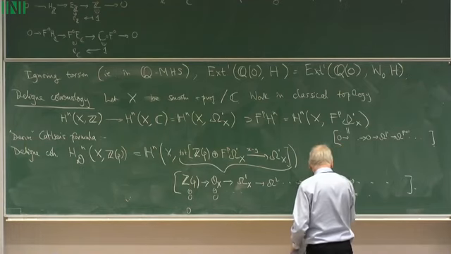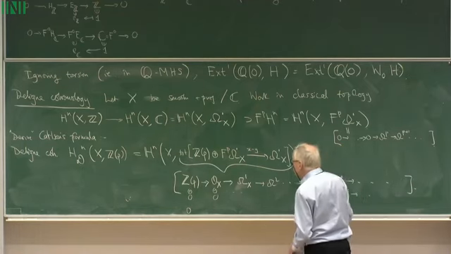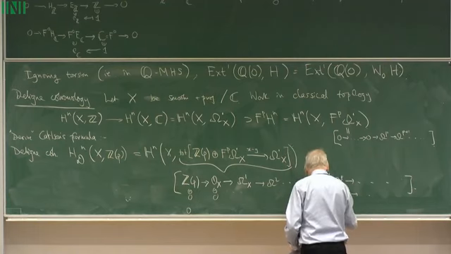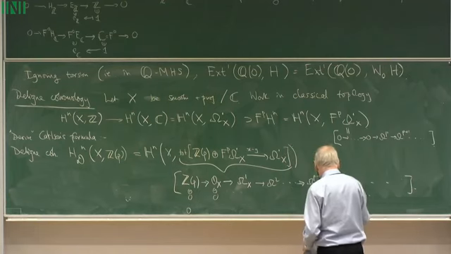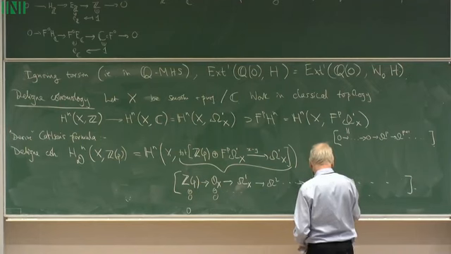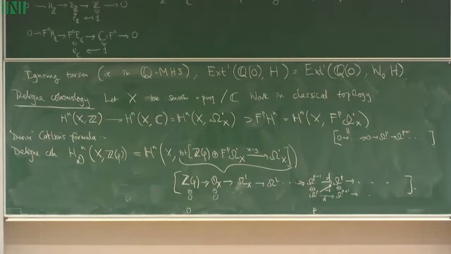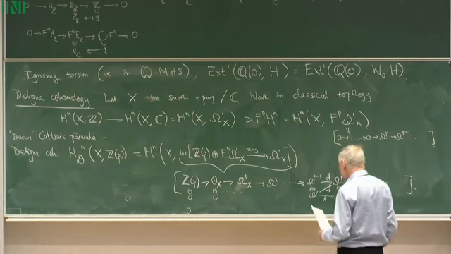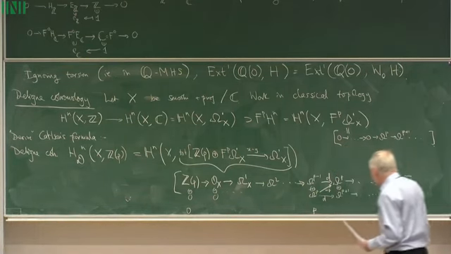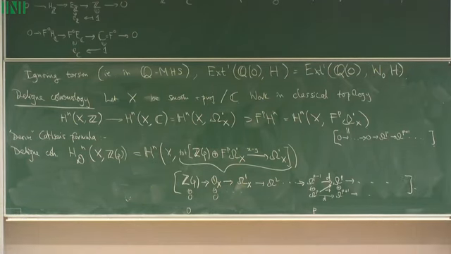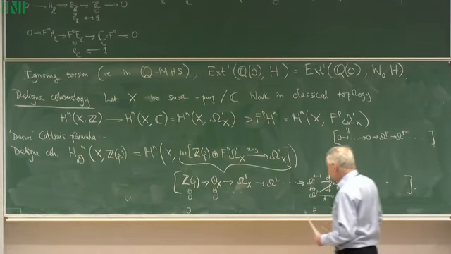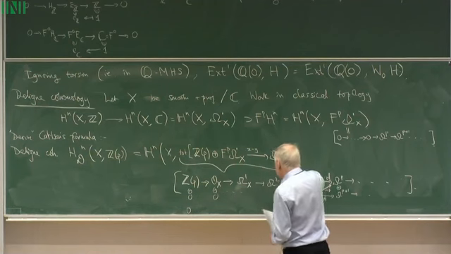And then here we have d, except probably there's a sign here. I guess this has to be minus 1 for it to be a complex.